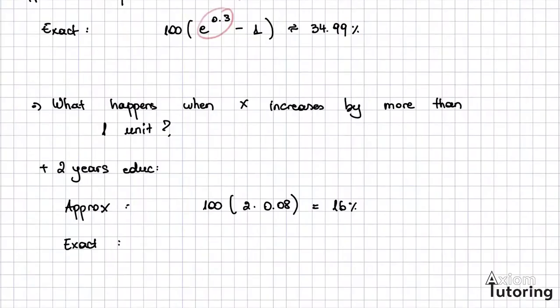In that case, the calculation will be 100 times e to the power 2 times 0.08 minus 1. Okay. So it wouldn't really matter. Once you have the percentage change for a 1 unit change in x, you can easily adapt that to any other changes in magnitude you are asked to.